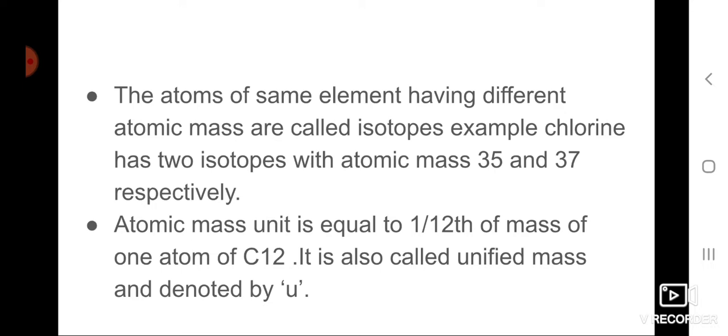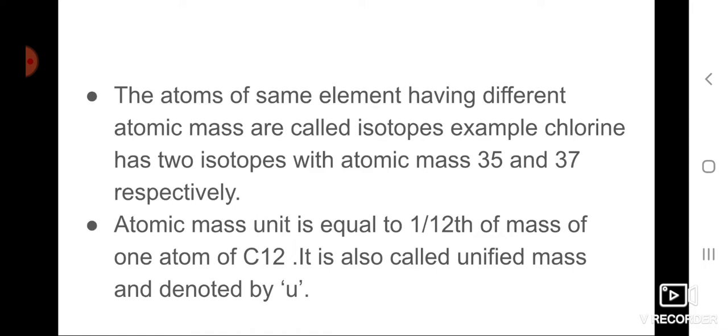The atomic mass unit is not a practical unit because it is equivalent to a very small mass. 1 atomic mass unit is equal to 1.66 × 10^-27 kg. Such small masses cannot be measured on any balance.